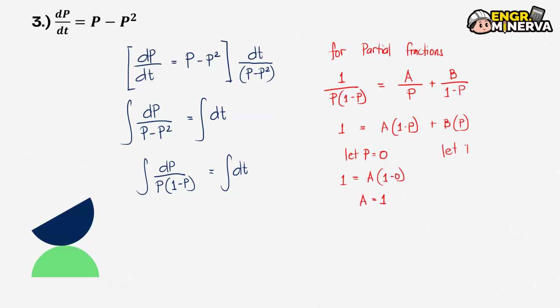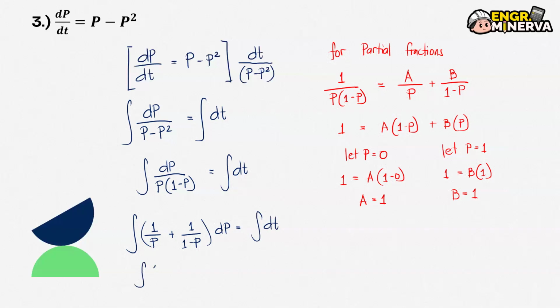If we let p equal to 1, we can eliminate A and find the value of B. That would also be 1. Since A and B are equal to 1, we go back to our original equation. That would be integral of 1 over p plus 1 over 1 minus p dp equals integral of dt.